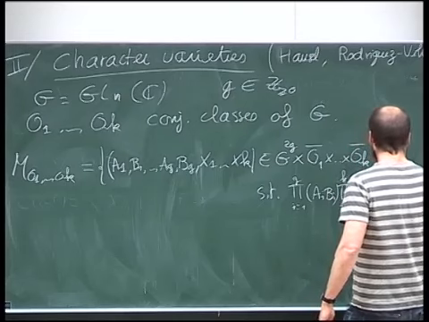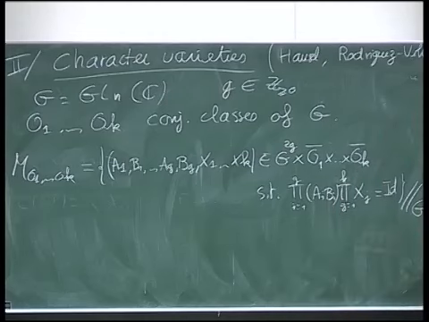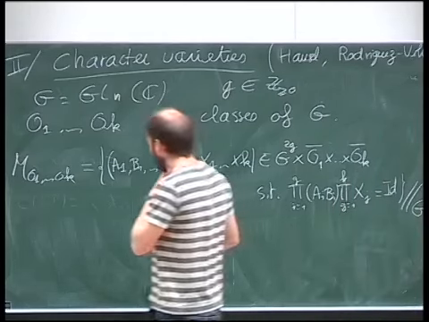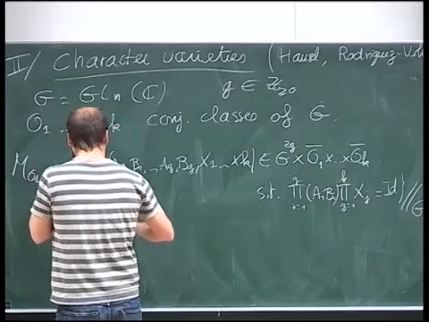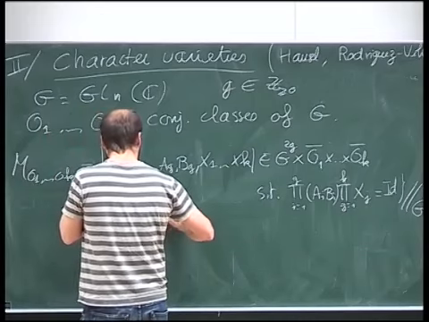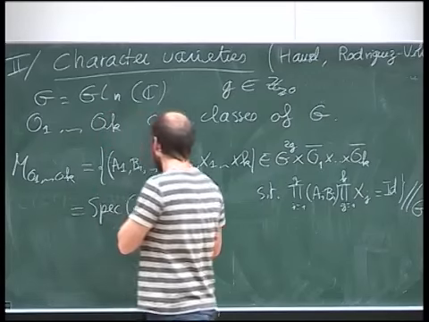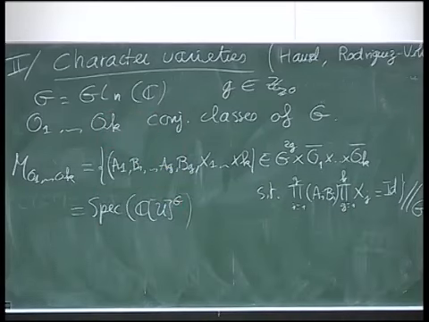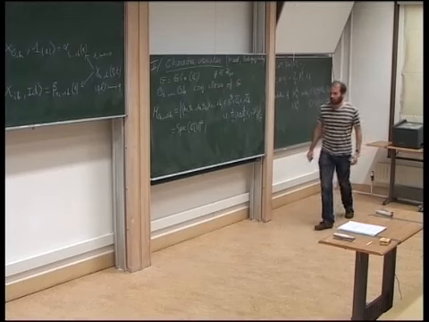And we take the quotient by G. Here the quotient means the spectrum of the invariant ring. So this is an affine complex variety.